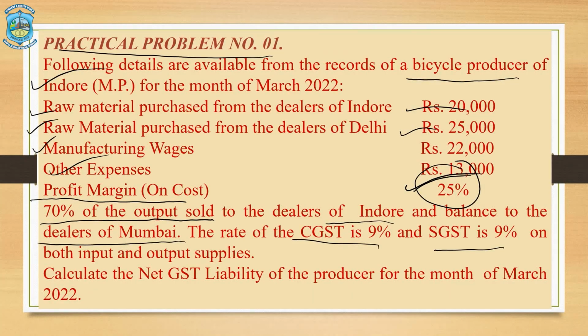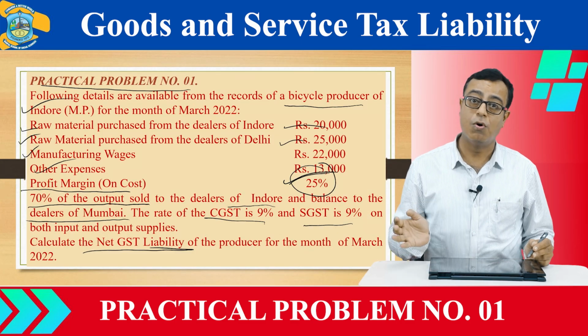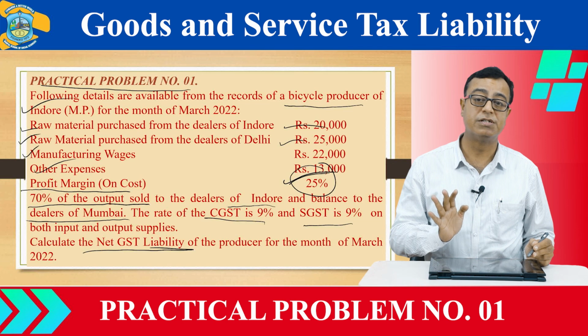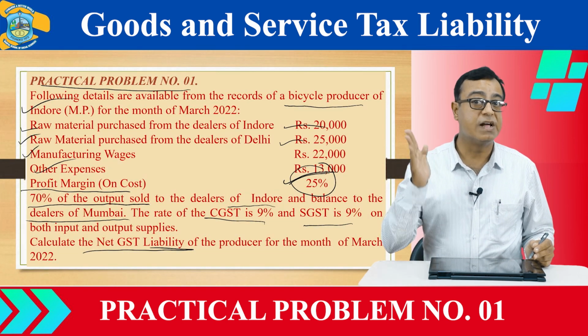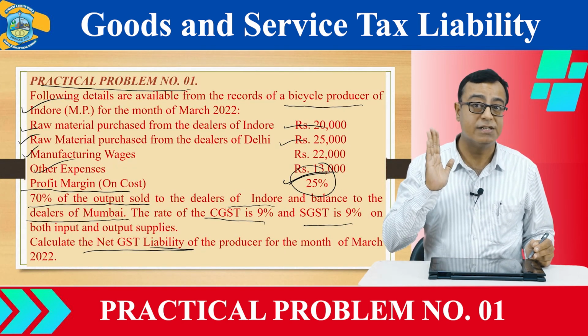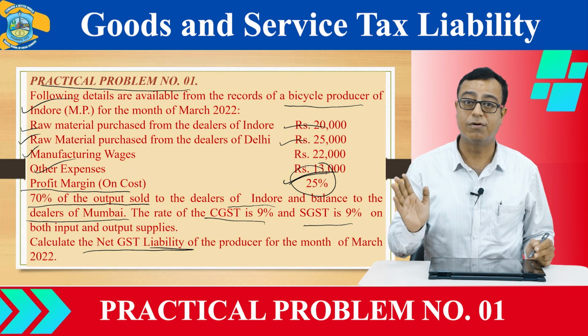Now what is the requirement of the question? We have to calculate net GST liability from these particular details, this particular information. But I think you all know we have to calculate first the cost of goods sold, adding the profit and the sales. Sales is not available at all in the question.